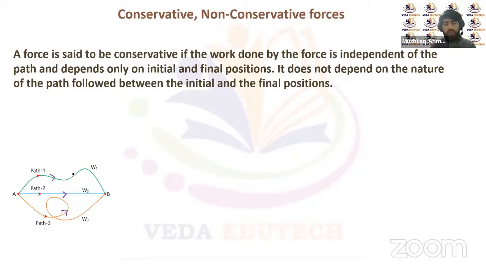Now, if the work done through all three different paths is W1, W2, and W3, in case of conservative forces all these work done will be equal, because the work done by conservative forces is independent of the nature of the path. It will only depend upon the final position and the initial position.